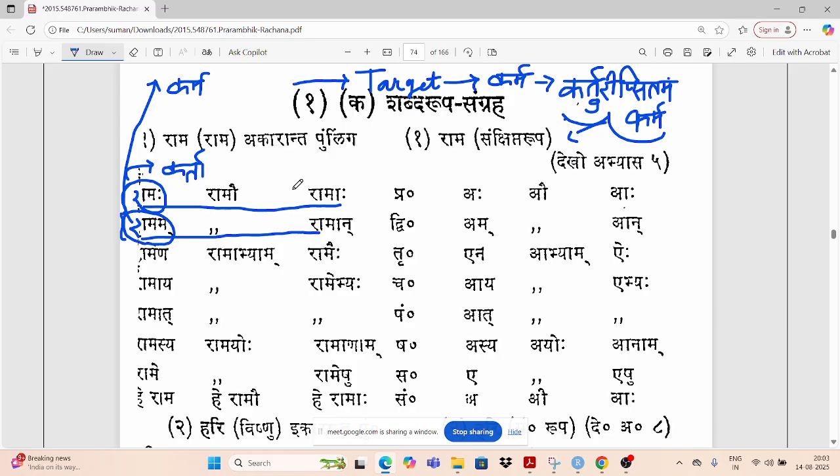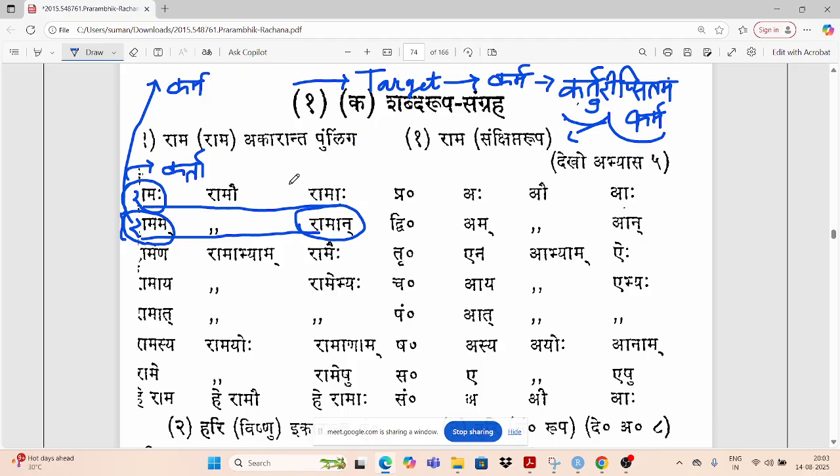So if there are many Ramas, and if Prantika asks questions to these many Ramas, then he will say, Prantikah Raman Prichhati.